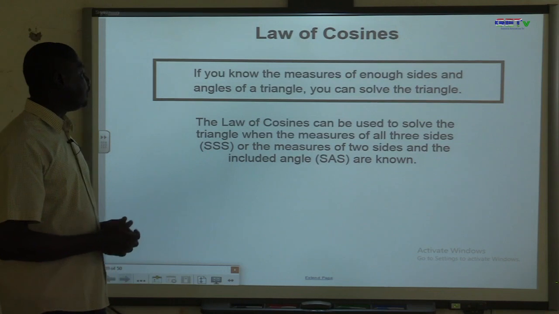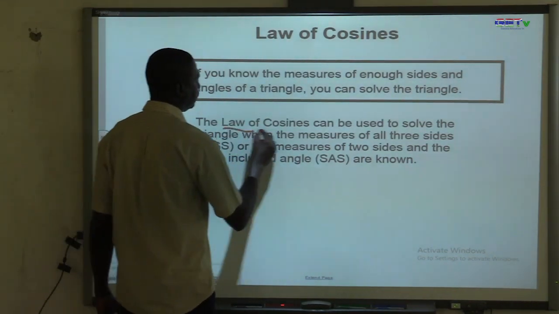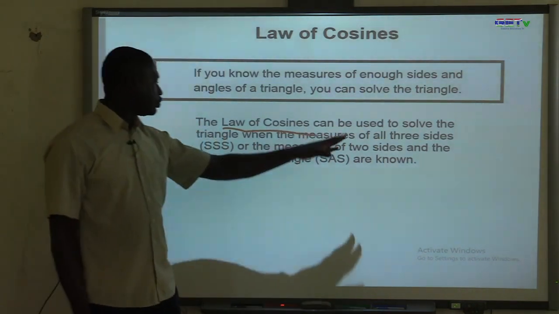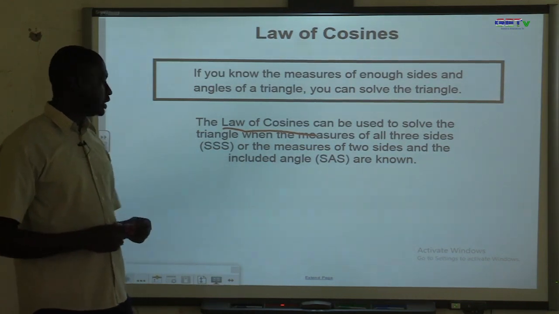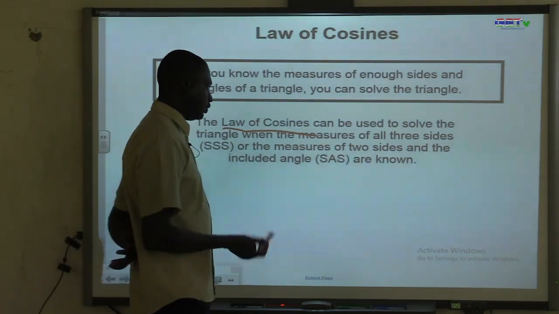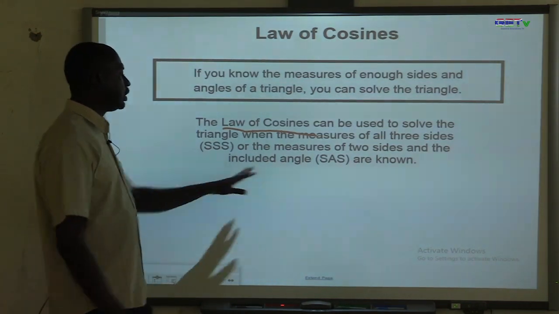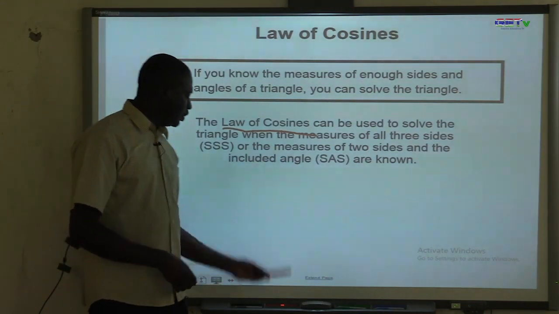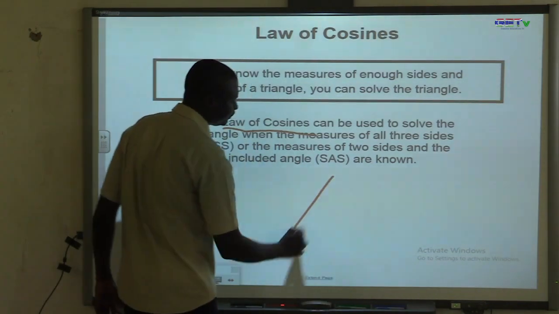So the law of cosine can be used to solve triangles when the measures of all three sides are known or given, or when the measures of two sides and an included angle are known. That is, this law is applicable on any given triangle.